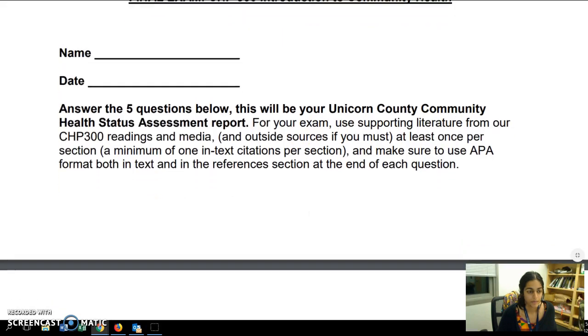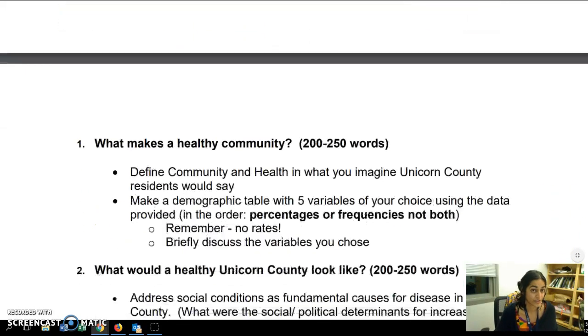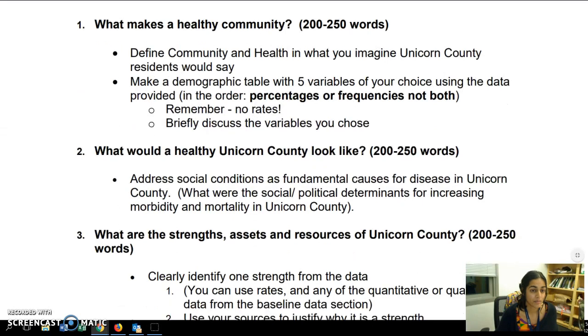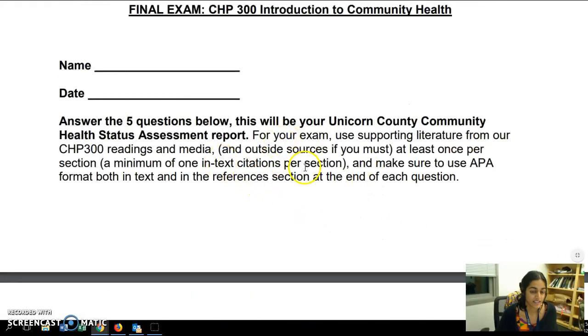I want the references at the end of each question, so that I know which reference you used for which question. I'm also asking for in-text citations. You can put them at the end if you want to, but if you do that, you definitely need to use in-text citations.